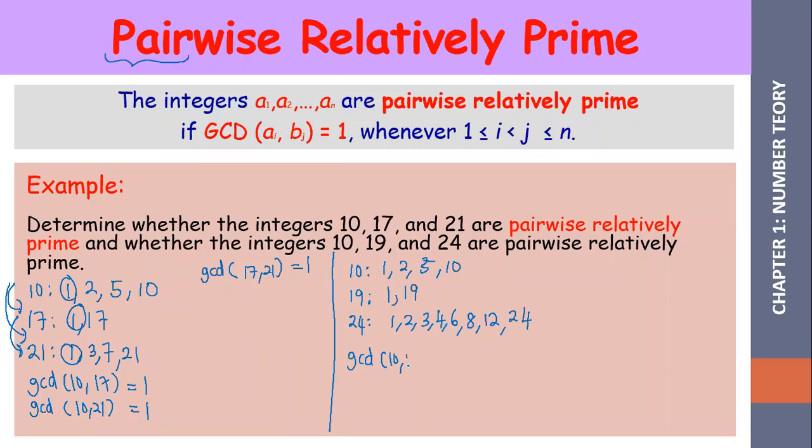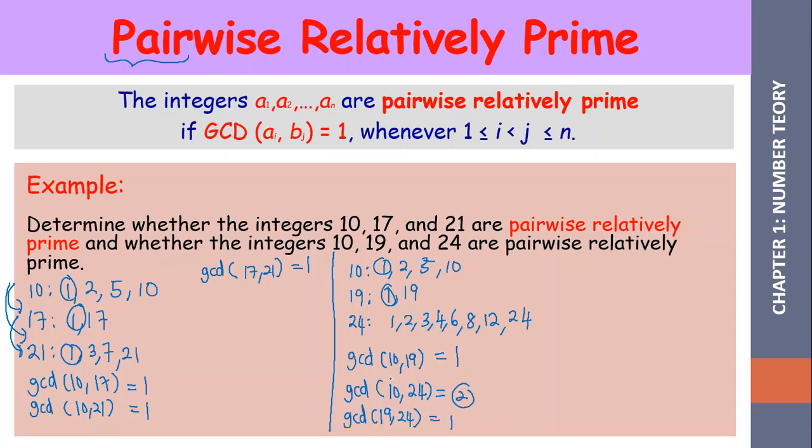GCD of 10, 19 is 1. GCD of 10, 24, you have 1, 2, so 2. And then GCD of 19, 24 is equal to 1.